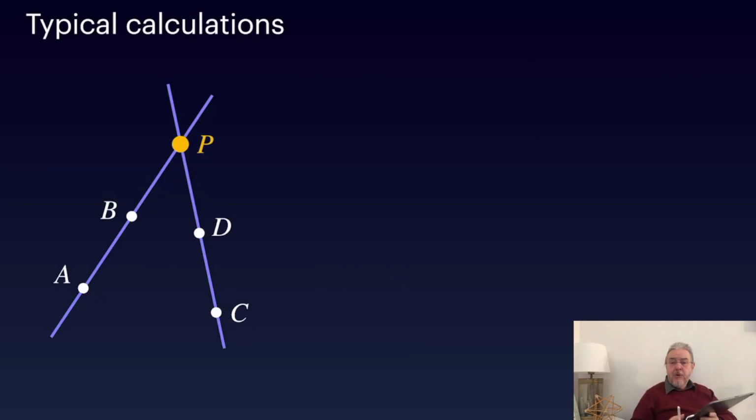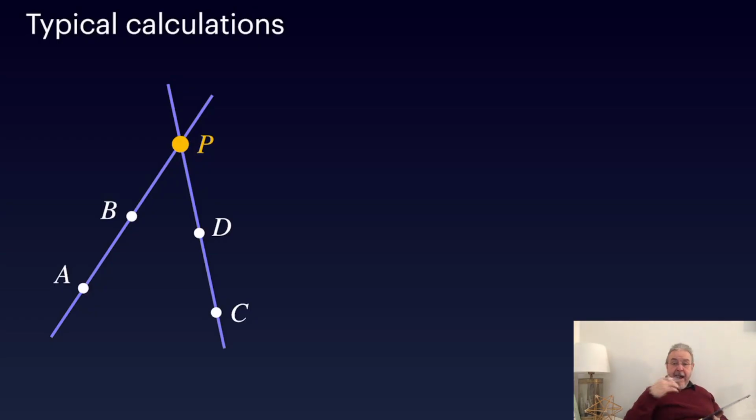So I want to do a few typical calculations in that setup, and now I again go back to the vector point of view. A typical calculation would be, for instance, I give you two points A and B and ask you to form the line, and C and D, and again ask you to form the line and to calculate the point of intersection.